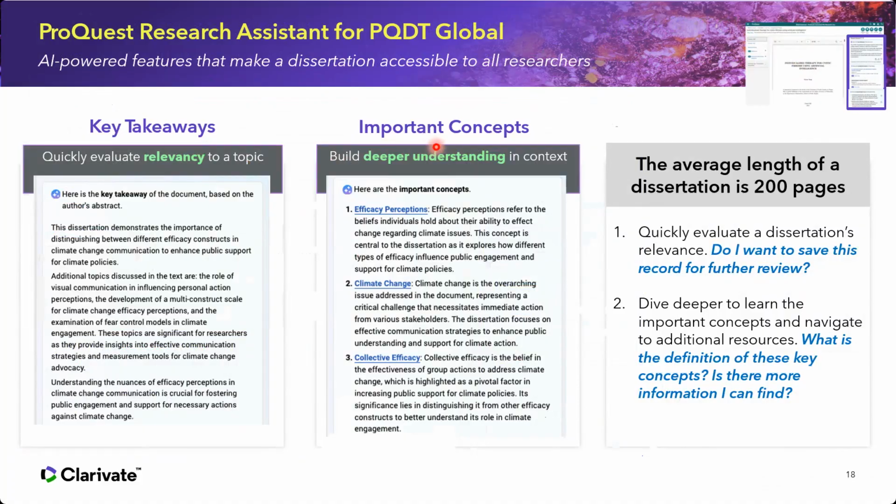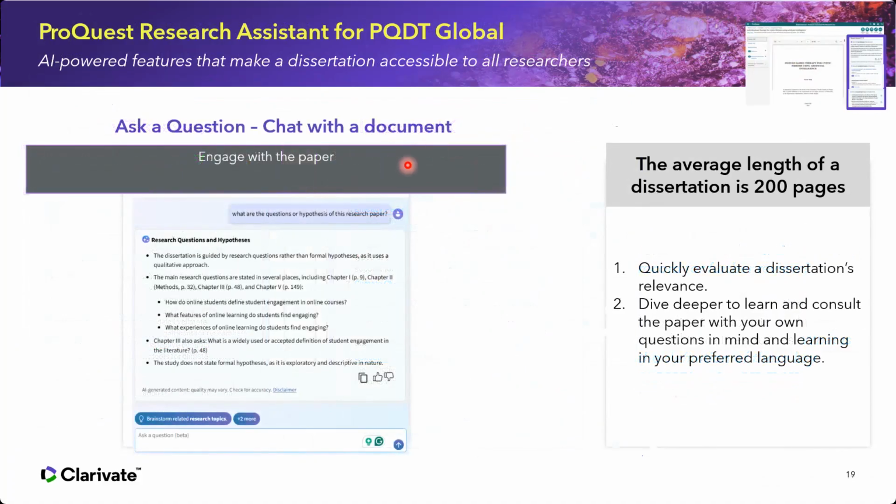It also talks about important concepts. And also, as I have mentioned earlier, you can chat with the document and ask more questions about the methodology, about the content itself, the context of the research, and so on. You know that dissertations are sometimes not short.